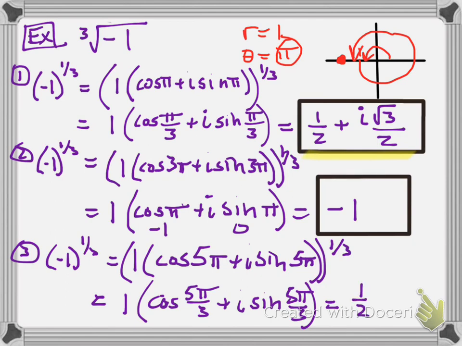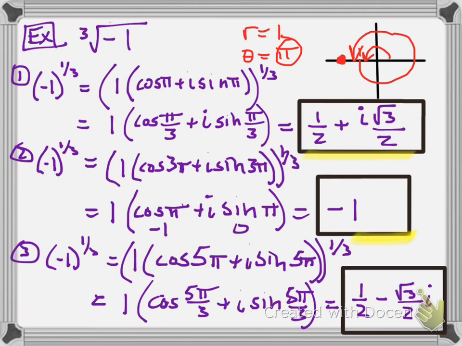Sine of 5 pi over 3 is negative square root of 3 over 2 times I. Now what we have found here is the 3 cube roots of -1. These are also the 3 solutions to x cubed plus 1 equals 0. All 3 solutions, which we actually found algebraically back in college algebra.